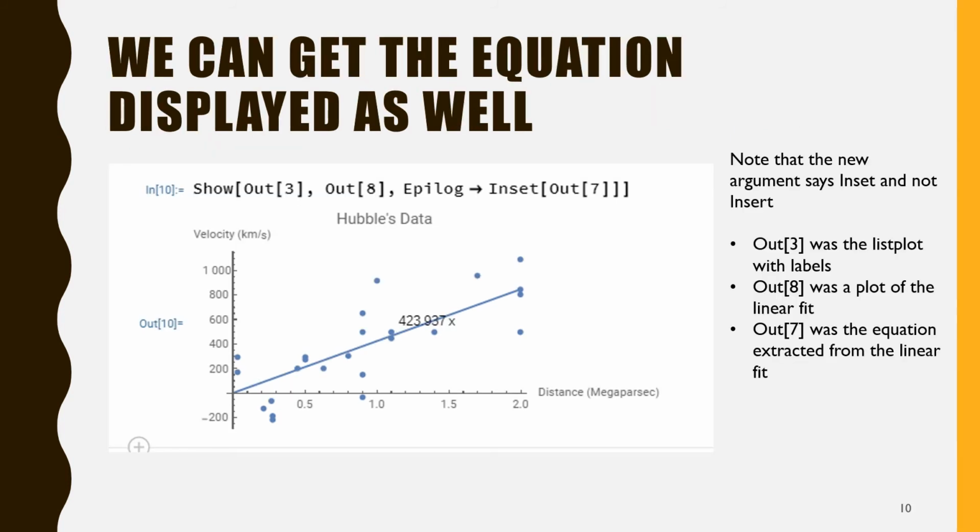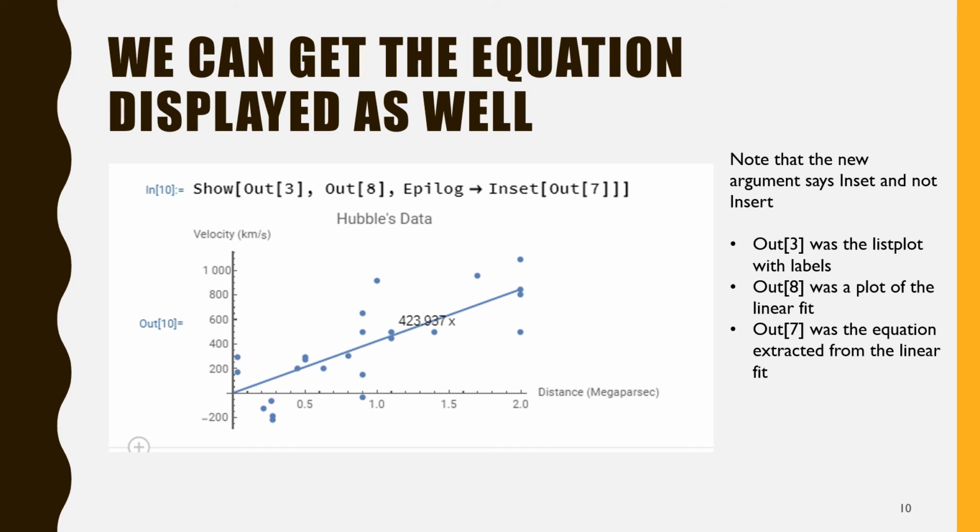If we want the equation displayed, then we can add a third argument, Epilogue. So Show[Out[3], Out[8], Epilogue -> Inset[Out[7]]]. Out 3 was the ListPlot with the labels.